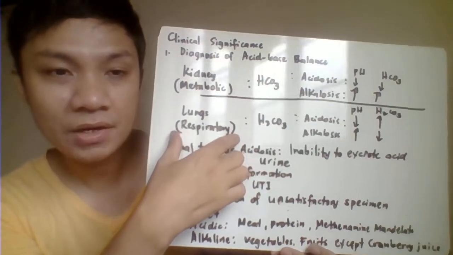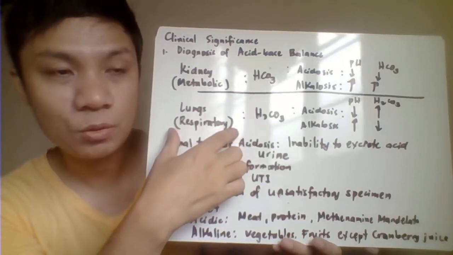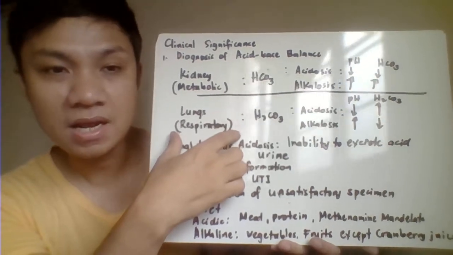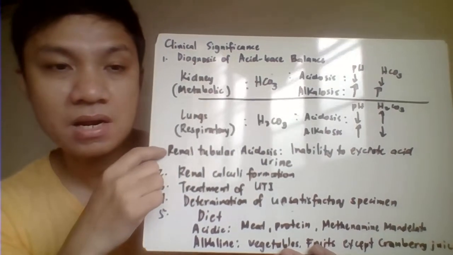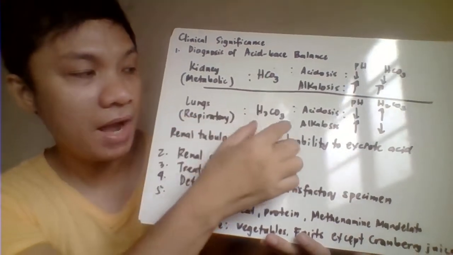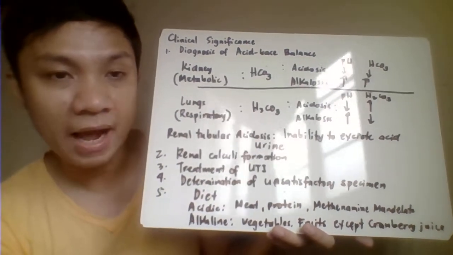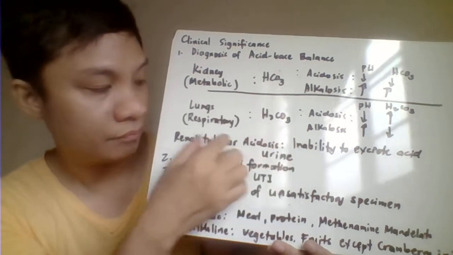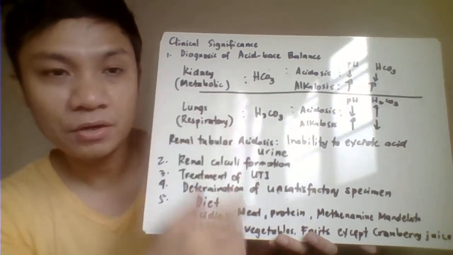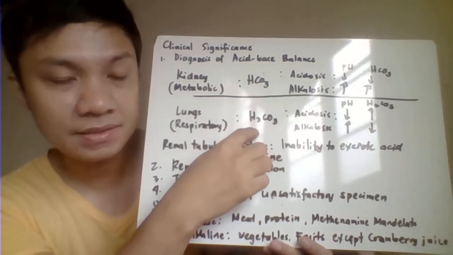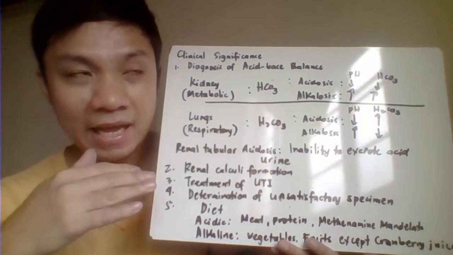Your lungs are the other organ that helps in the maintenance of your acid-base balance. Your lungs regulate acid-base balance by regulating your carbonic acid. This is the acid component, and your lungs serve as the respiratory function. So, ano ginagawa ni lungs with your carbonic acid? Pwede niyang i-exhale.